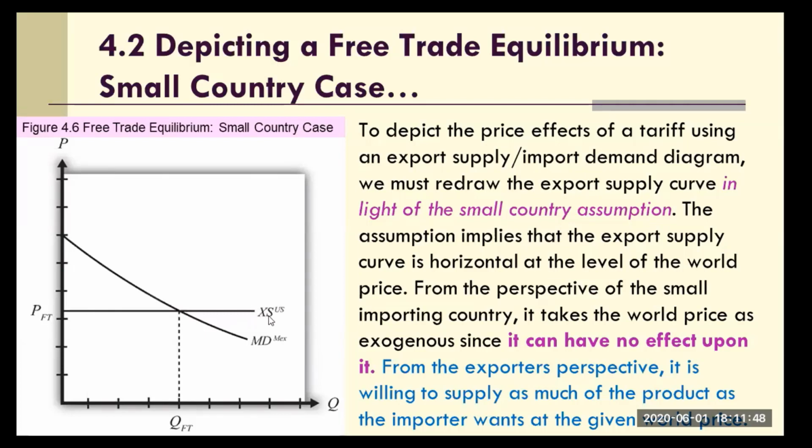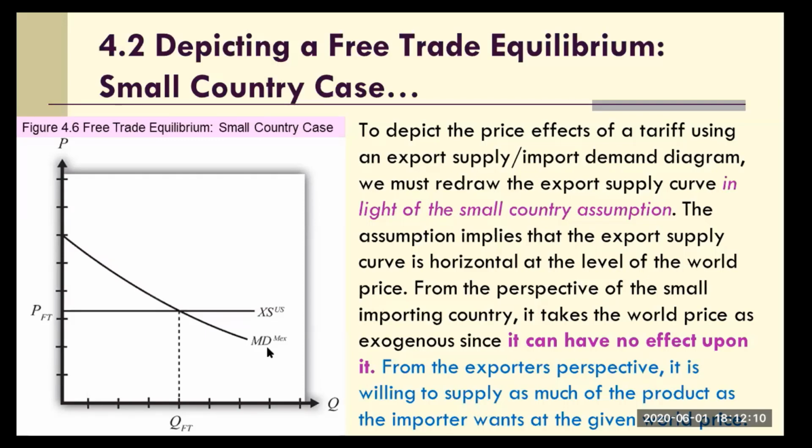So the US export level is at free trade. Then the quantity demanded at free trade is where it intersects the demand of the Mexicans. The assumption implies that the export supply curve is horizontal at the level of the world price.